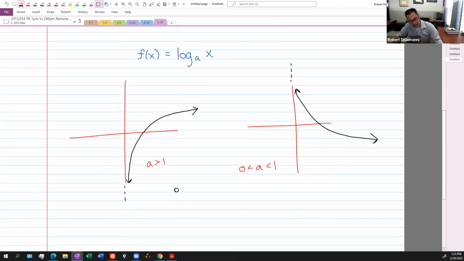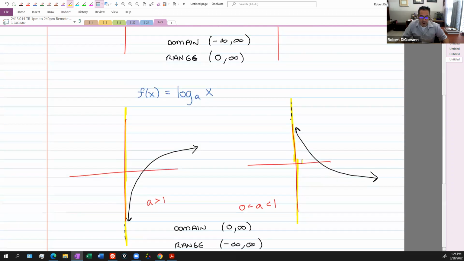The domain of a logarithmic function is everything from 0 to infinity, because the graph only exists to the right of 0 on both of these. And your range will be everything, negative infinity to infinity, because you always get all possible y values come out, because the graph goes in both directions forever.